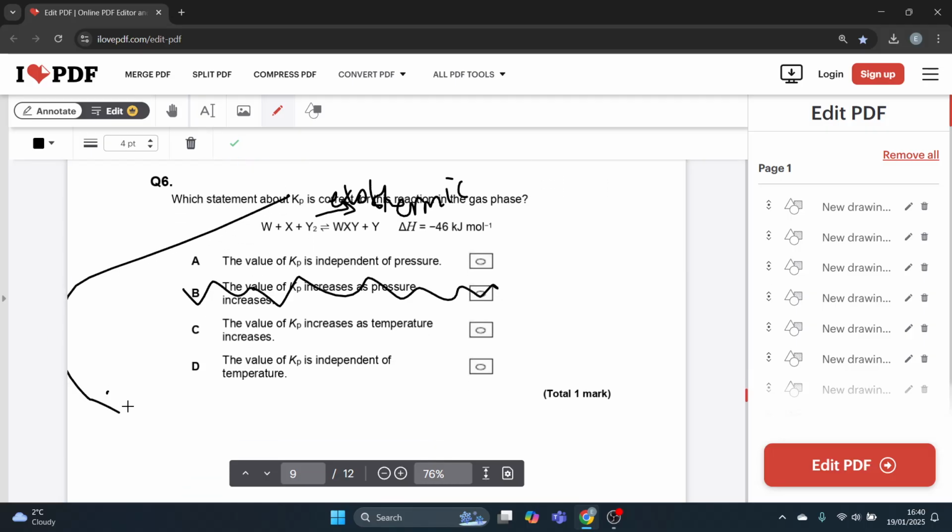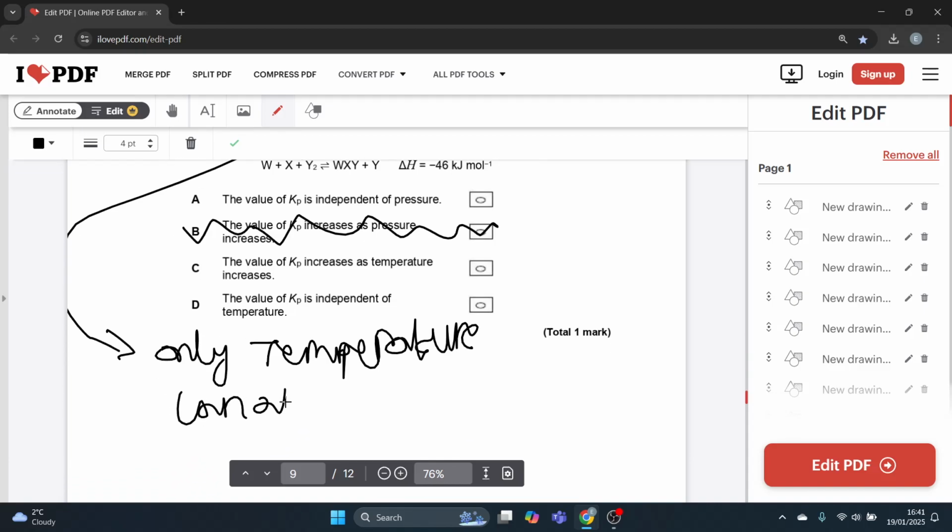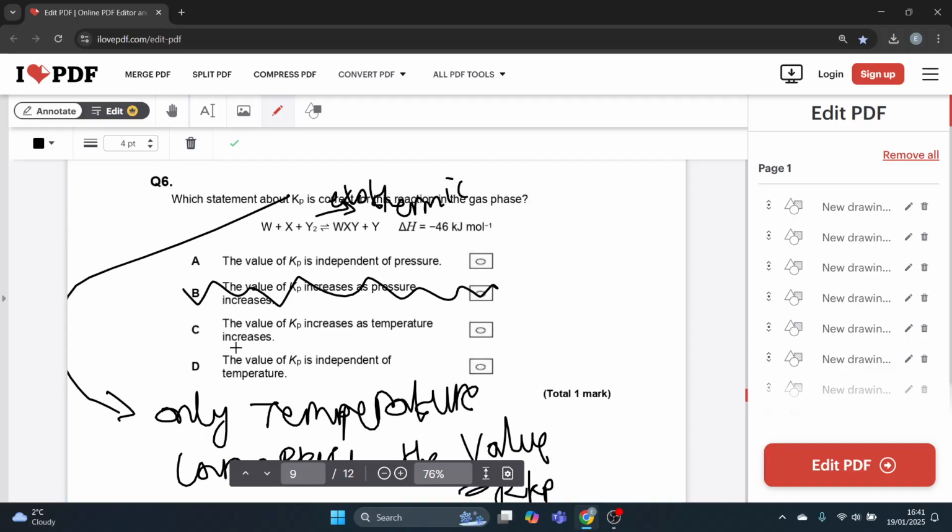Remember, only temperature can affect the value of Kp. Just by using that key fact, I can eliminate one option, B. A says the value of Kp is independent of pressure, so it's not dependent on pressure. And D says the value of Kp is independent of temperature. No, it does depend on temperature. I'm left with A and C.